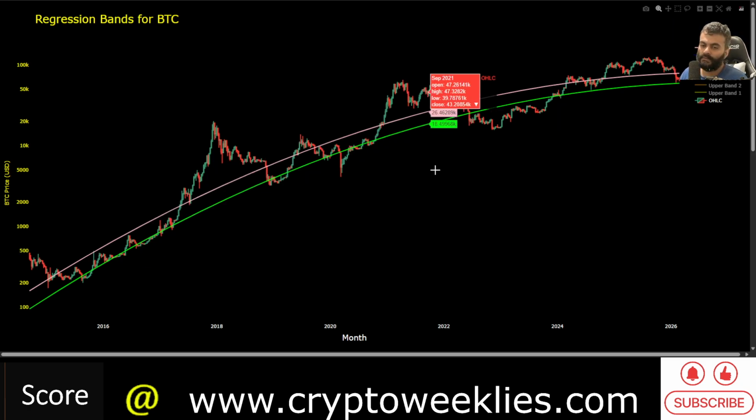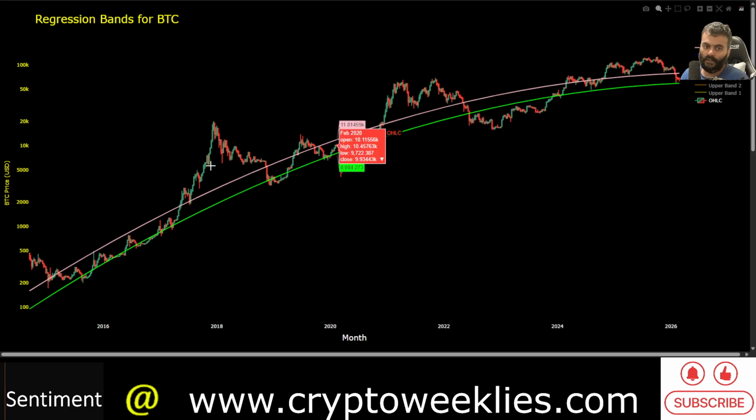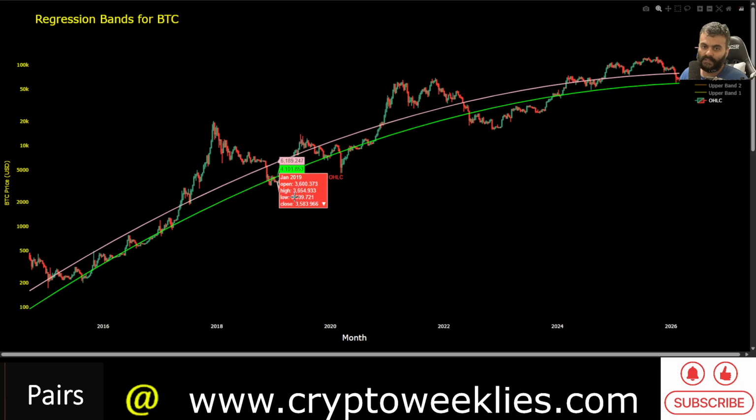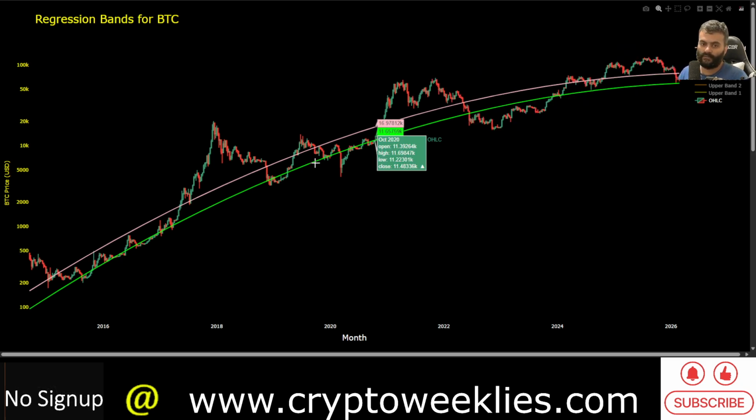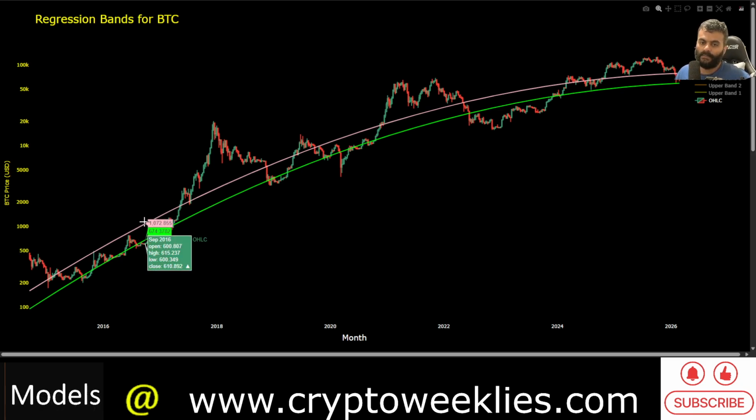These are not equidistant from the fair value. They are trying to account for the diminished volatility to the upside and to the downside for Bitcoin. So that's why the distance between the pink line and the green line is not equidistant. That's hard coded based on its price action.